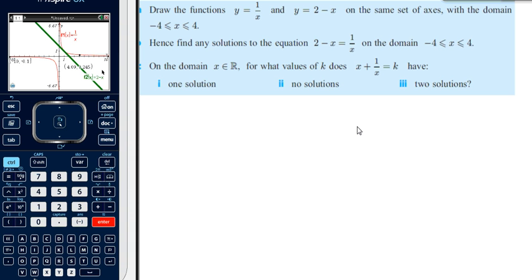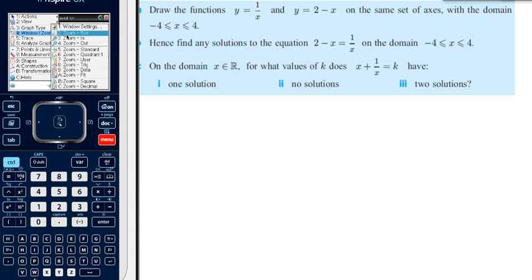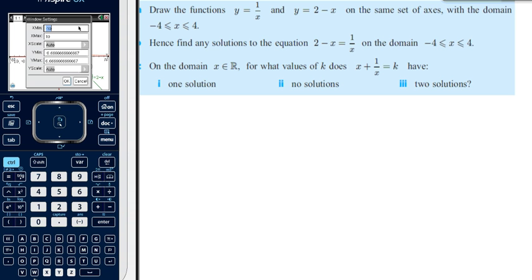Okay, and we want our domain between -4 and 4, so we can actually change our window settings. So we'll say between -5 and 5, just to have a little extra space to view, and this can be -4.